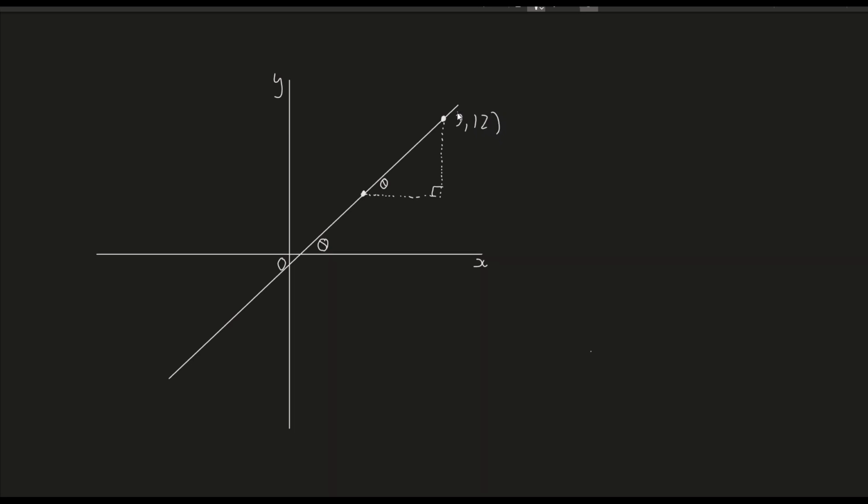This could be anything, but I'll just call it 7, 12. And this point here will be at 3, 4, let's say. All right. If I wanted to find the length of this side, I would take the 12 and subtract the 4, and I would get that this is 8. So in general, you take the y component of the second coordinate, y2, and subtract the y component of the first coordinate, y1.